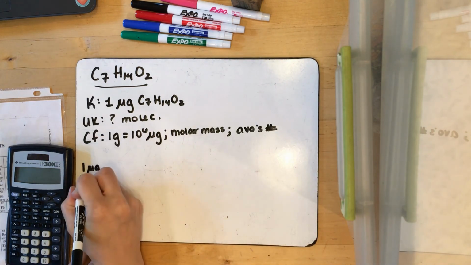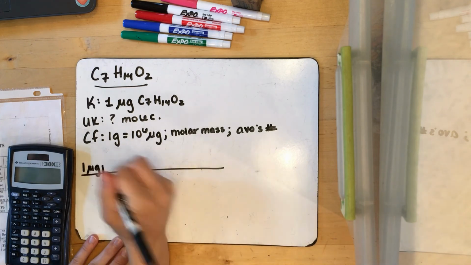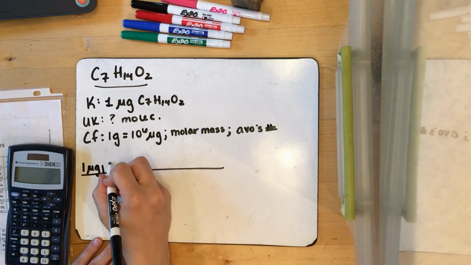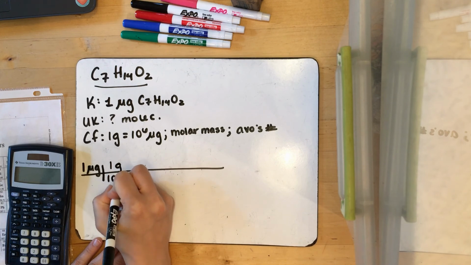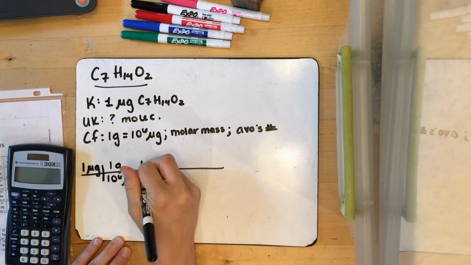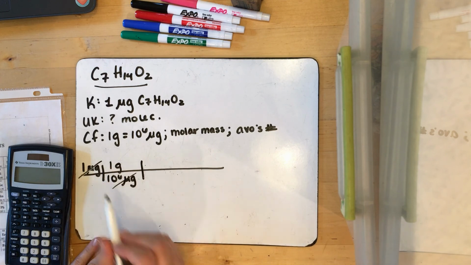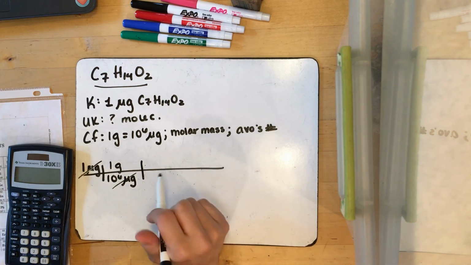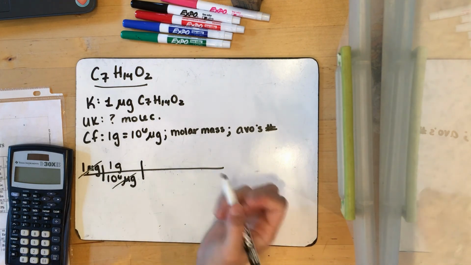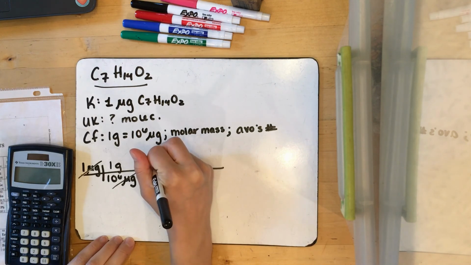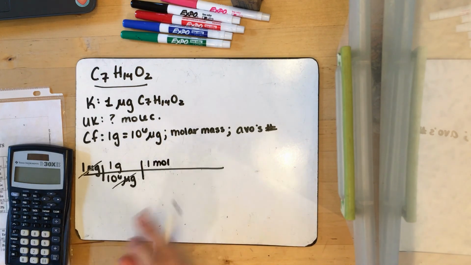So we start out with our 1 microgram, and we're going to convert that to grams. So we can cancel out micrograms. Then we need to use the molar mass to change it to moles. So because we want moles, that 1 mole is going to be on the top.